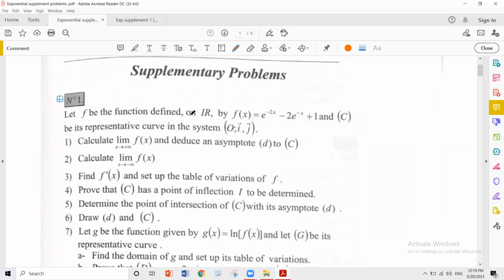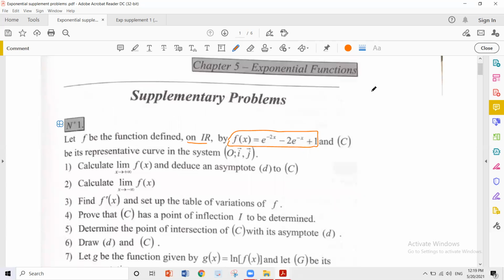Let f be a function defined on R by f(x) equals e to the minus 2x minus 2e to the minus x plus 1, and C is its representative curve in an orthonormal system OIJ. Calculate the limit as x tends to plus infinity.